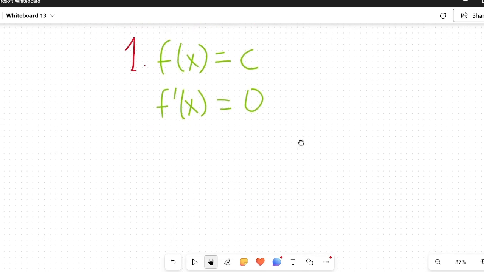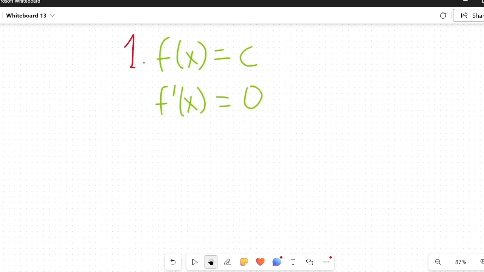And then our second rule is going to be the power rule, right?